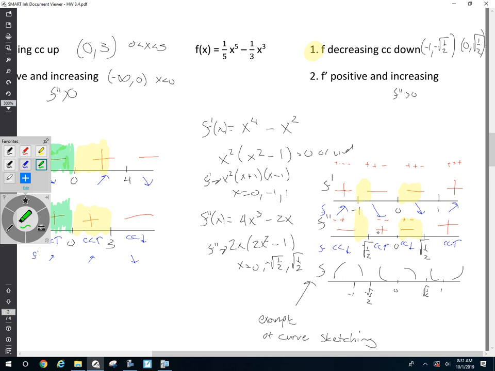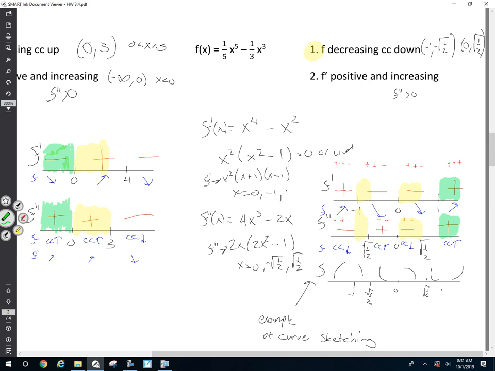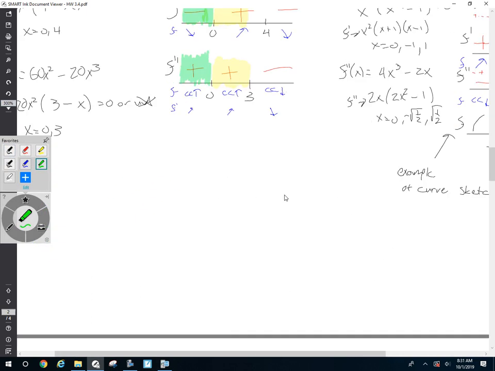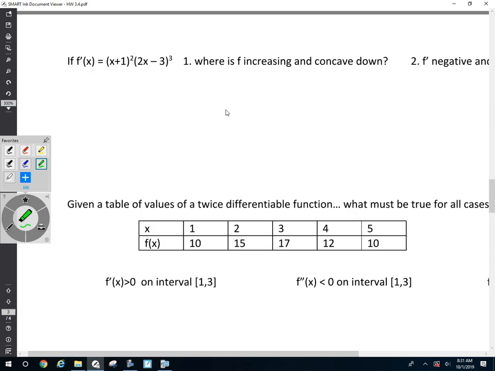Okay, I'm positive for f double prime here. I'm positive for f double prime here. The only time that I'm positive and positive is here, from 1 to infinity. Okay. Sweet.